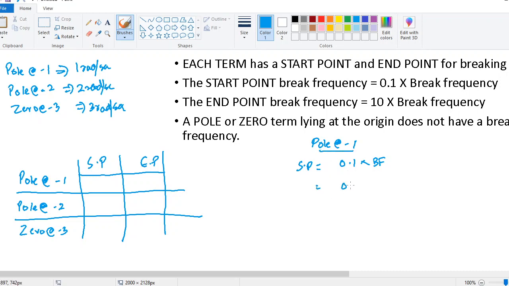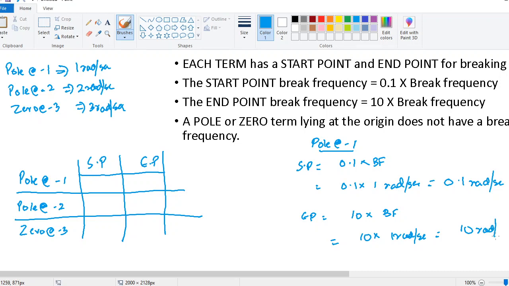So that means it is 0.1 multiplied by 1 radian per second, which is equal to 0.1 radians per second. And what is the end point? The end point is 10 multiplied by the break frequency. So in this case it will be 10 times 1 radian per second, which is equal to 10 radians per second.